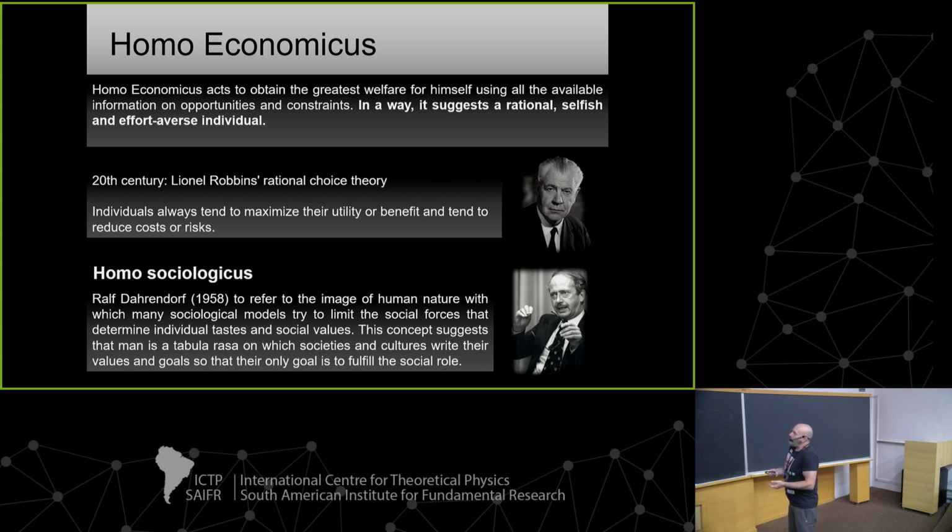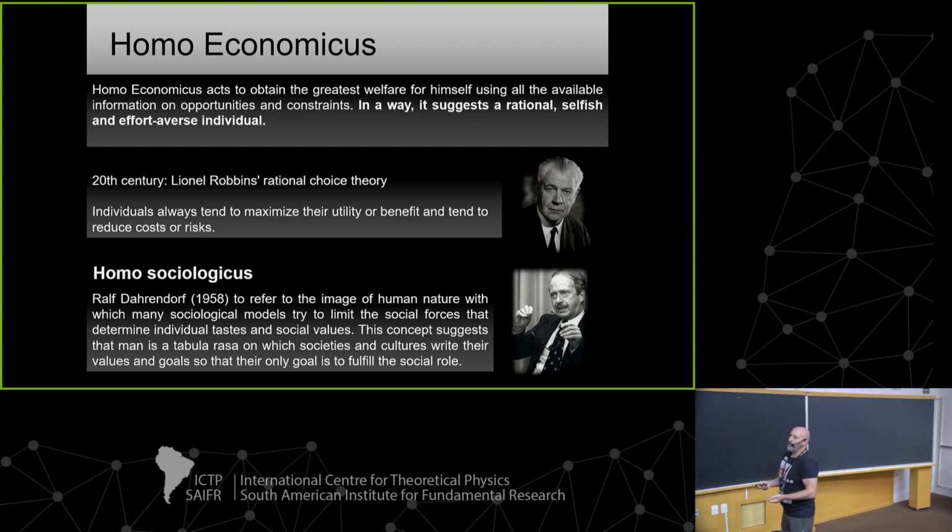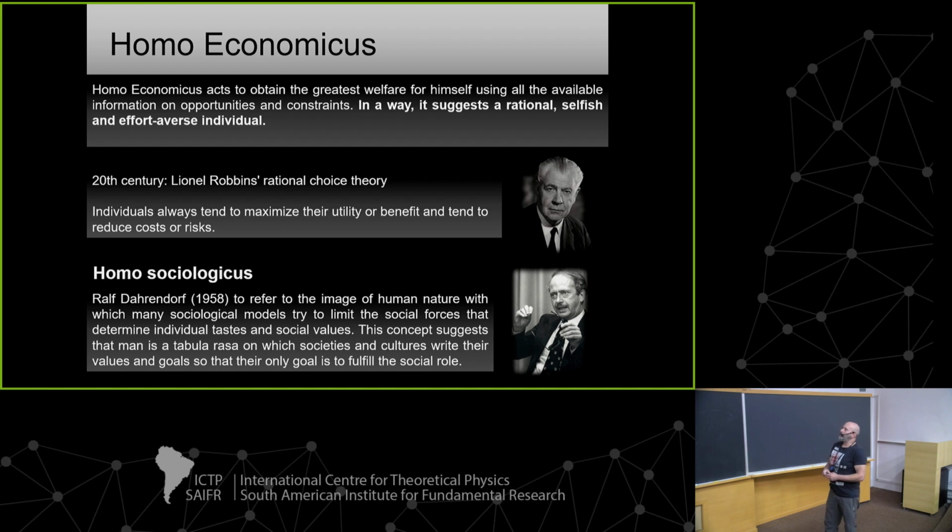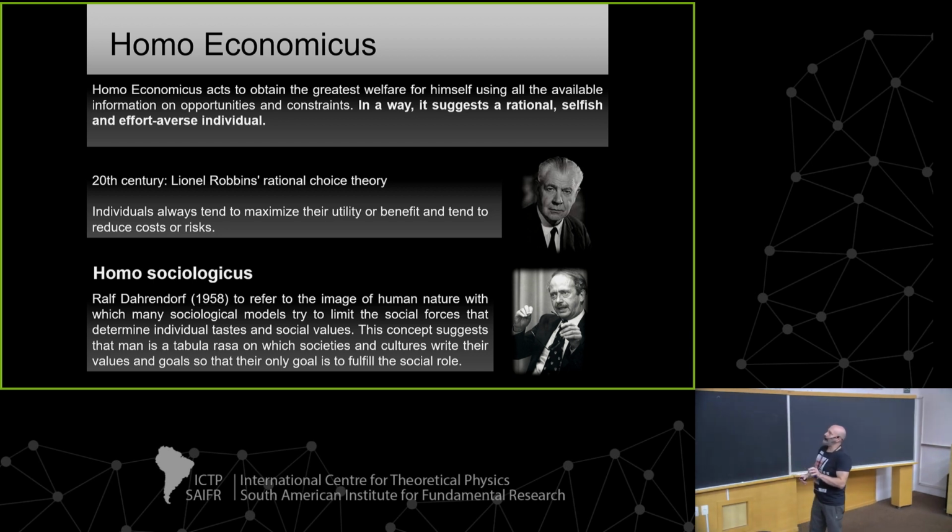So it could be that we are not pure homo economicus. Ralph Dahrendorf, who was or is a sociologist, suggested the idea of homo sociologicus, a concept to refer to the image of a human or human nature, with which many sociological models try to limit the social forces that determine the individual's taste and social values.